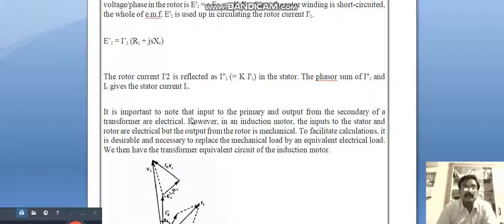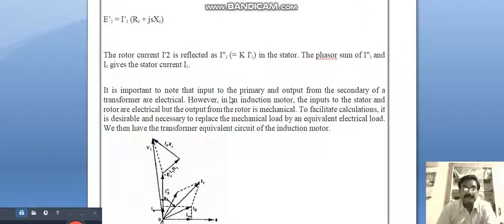It is important to note that the input to the primary and the output from the secondary of a transformer are electrical. However, in the induction motor, the input to the stator and the rotor are electrical, but the output from the rotor is mechanical.